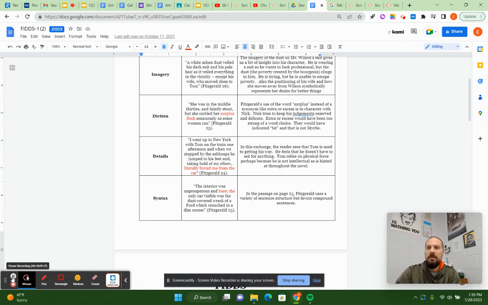scientific way of describing something, right? It sounds very much like you would read something on a catalog, like surplus flesh. Oh, that sounds nice. But it's just describing someone who's a little fatter than normal.